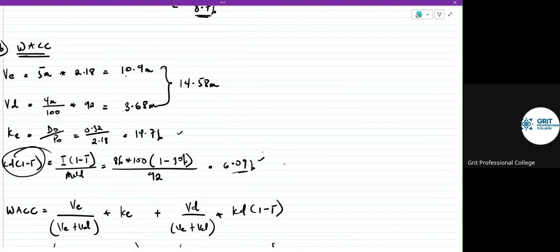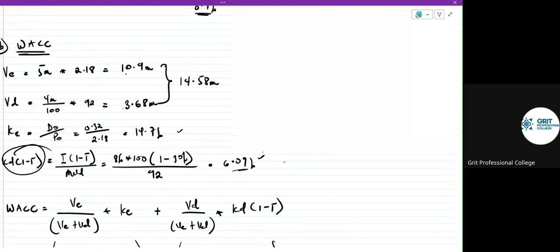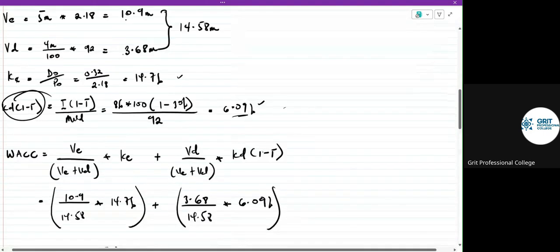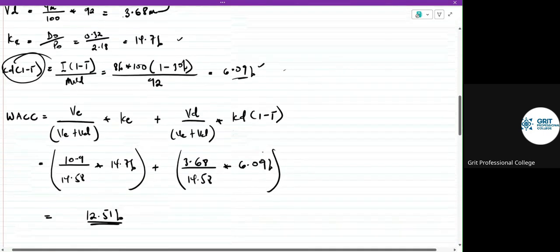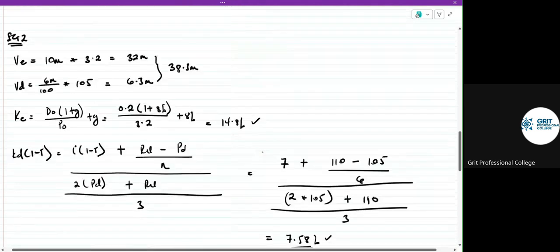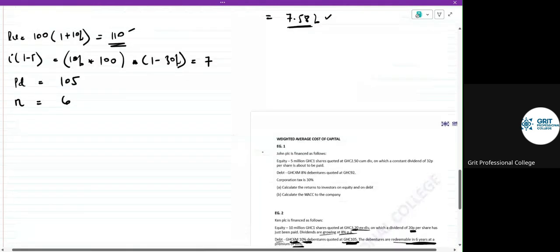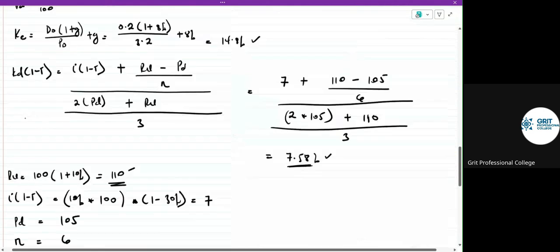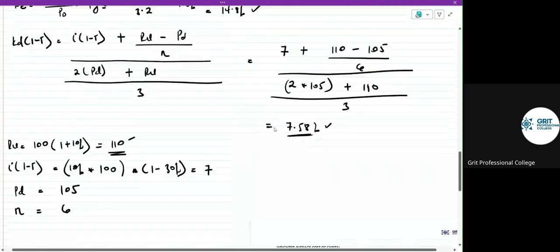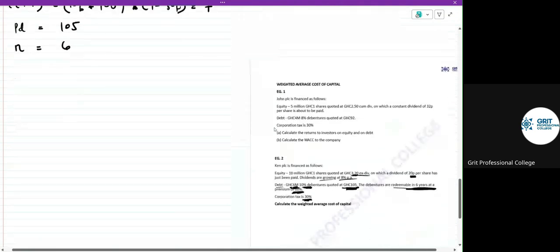Definitely the question we are going to solve, which you got in your past question last night, you are going to see the same thing. And the subsequent lectures will explain why the company's cost of equity is always higher than their cost of debt. Okay? So when you get something like this, at least you should know that you are on the right path, where the cost of debt is lower than the cost of equity.